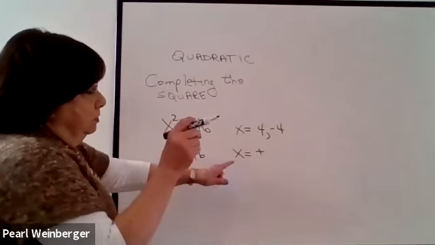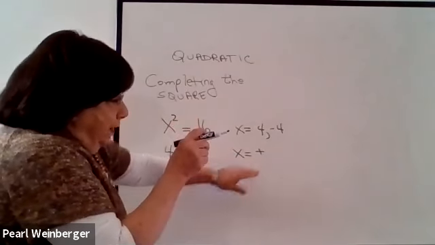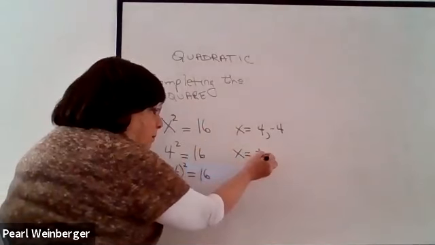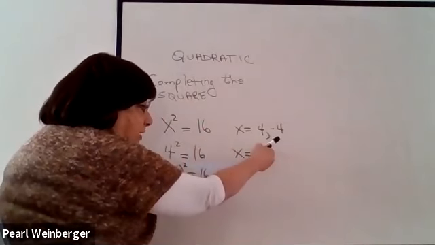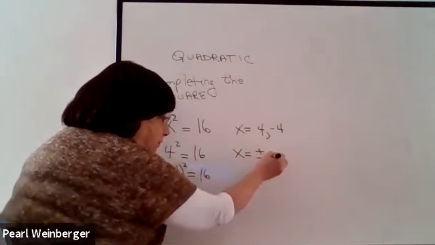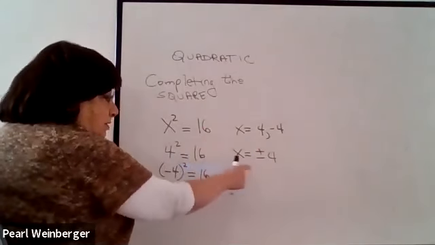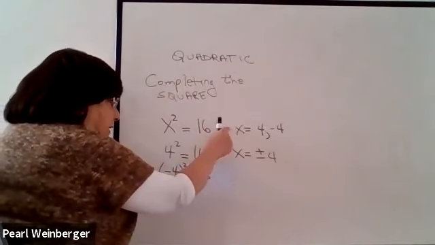So sometimes this is written in shorthand with a plus over a minus. That means either your answer could be positive or your answer could be negative. So this is saying the exact same thing as this.